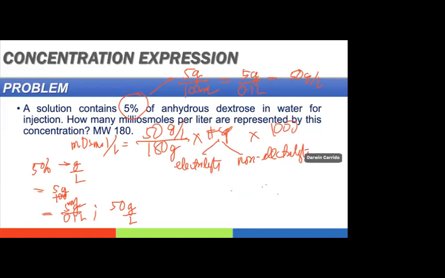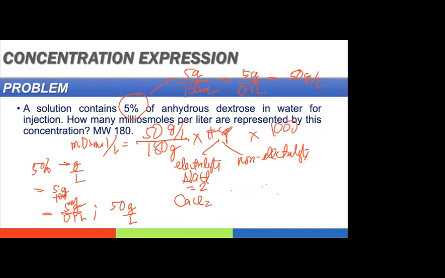For example, an electrolyte. Can you give me an electrolyte? Sodium chloride. How many species? Species of sodium, species of chloride, therefore, 2.